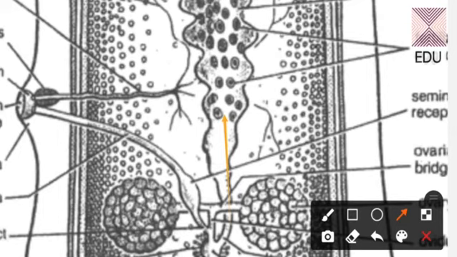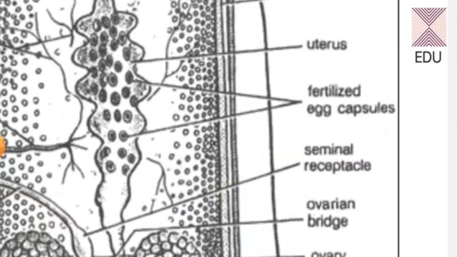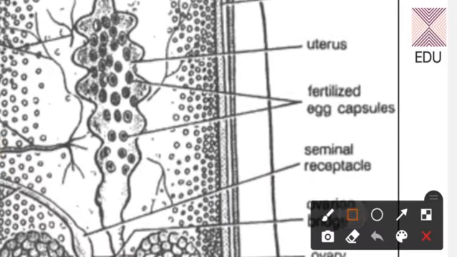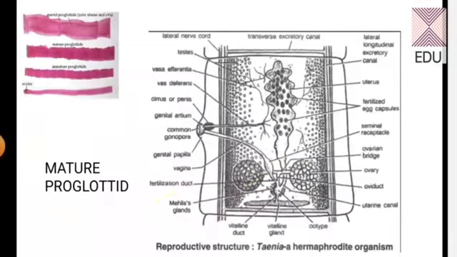So here you can very well see that we have the egg capsules in the uterus. So they are stored. So this is the mechanism of the formation of the egg capsules.